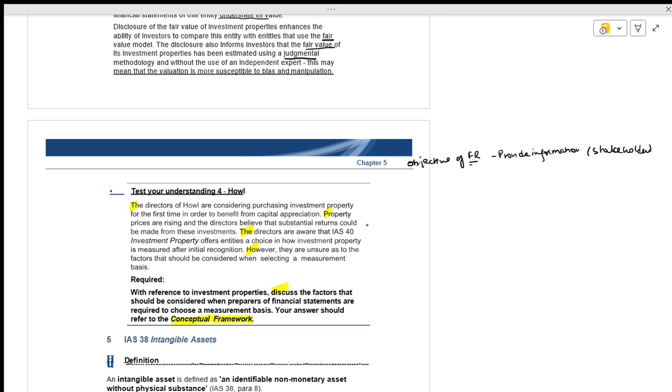And when selecting a measurement base, you have to consider the information needs of users, what information the users need. That's very important.